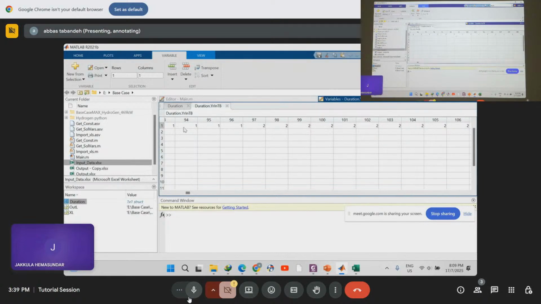This one is year 1, then year 2 after 96 time buckets or hours, and after the next 96, year 3, until the end at 25. As you can see, 2,400 columns and 25 years.